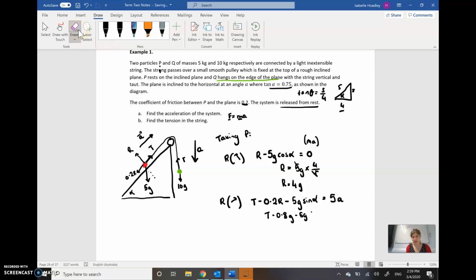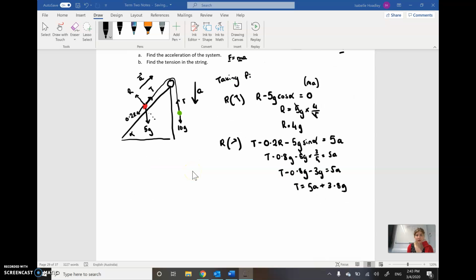Minus 5g sine alpha, sine alpha is 3 over 5, so times 3 over 5 equals 5a. Again, we can cancel through by the 5, so we've got T minus 0.8g minus 3g equals 5a. So T equals 5a plus 3.8g altogether.